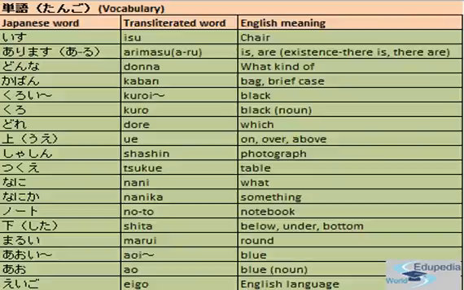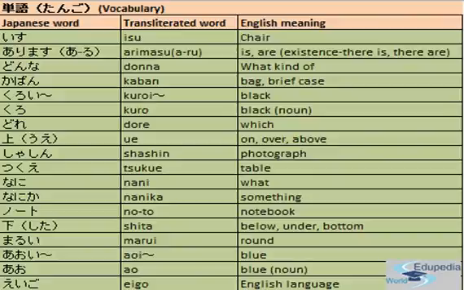Kuro also means black, but the only difference is kuro is a noun, whereas kuroi is an adjective. That is why to differentiate between the noun and the adjective, I have used the tilde sign for kuroi.